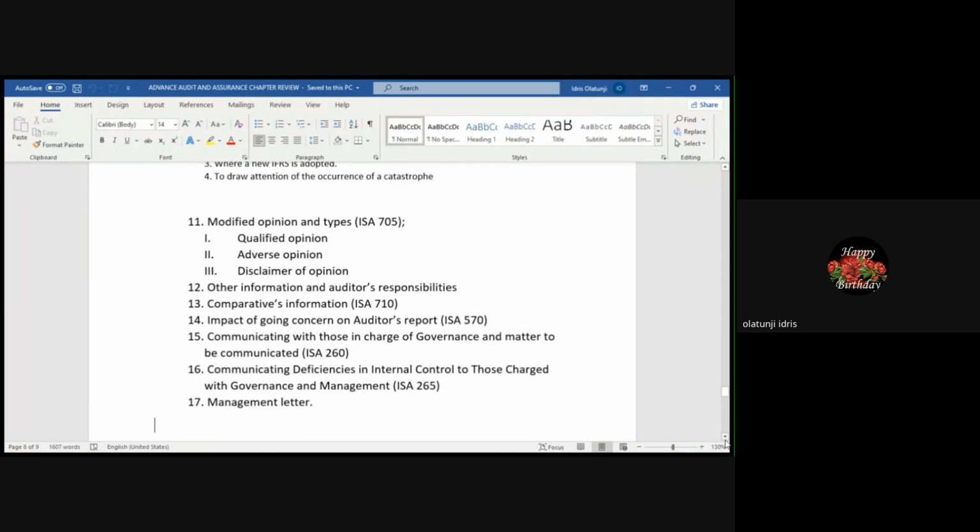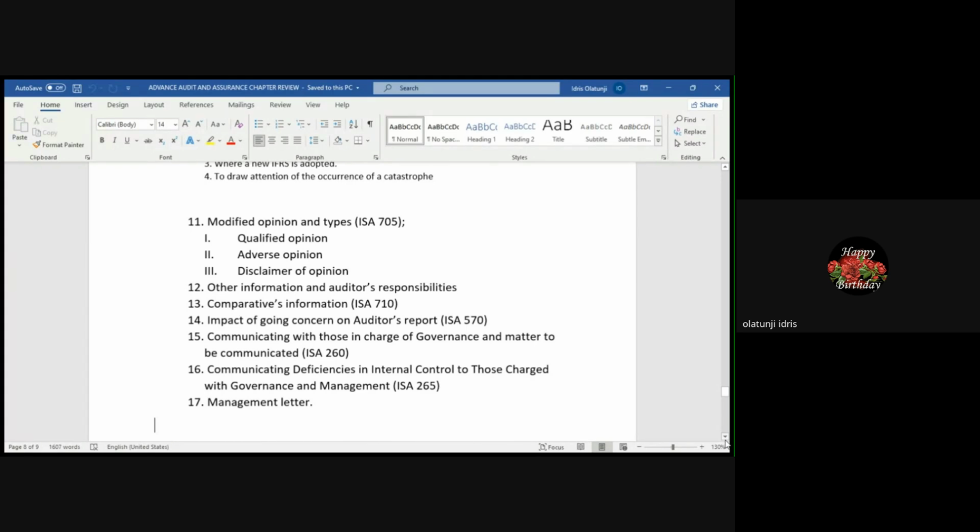However, when you are now doing your audit, you find out that even last year itself, there is material misstatement, but the auditor said that the account is okay. So if there is any matter like that, it will be reported under comparative information according to ISA 710.